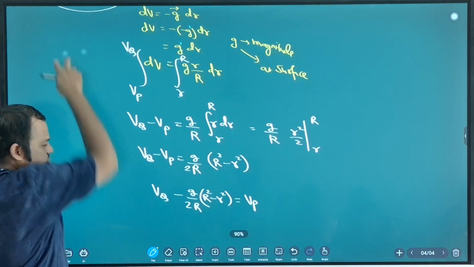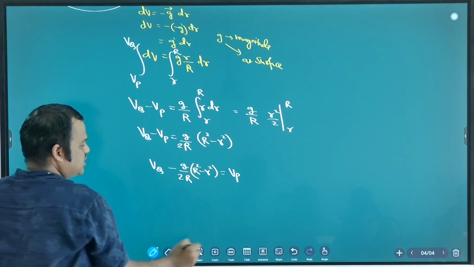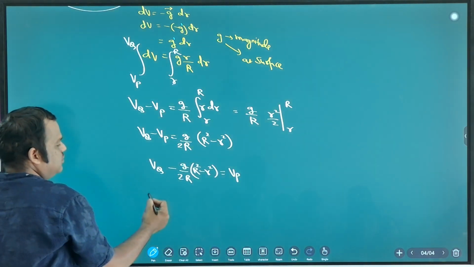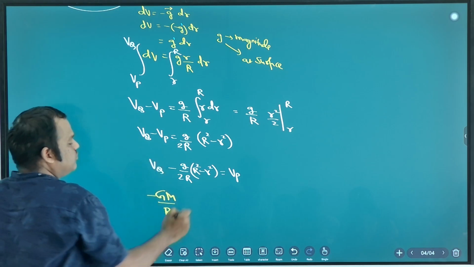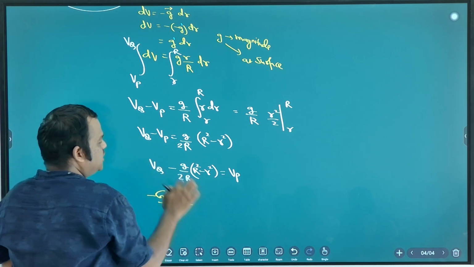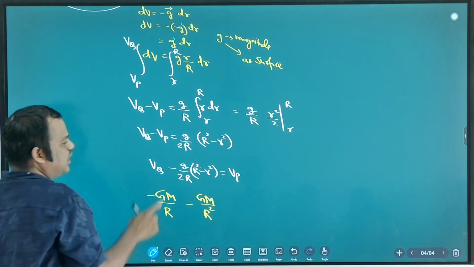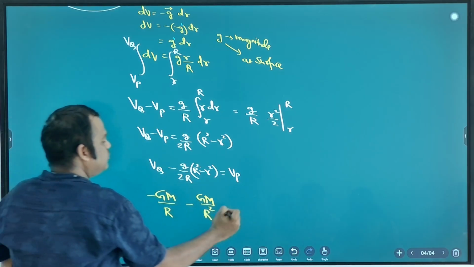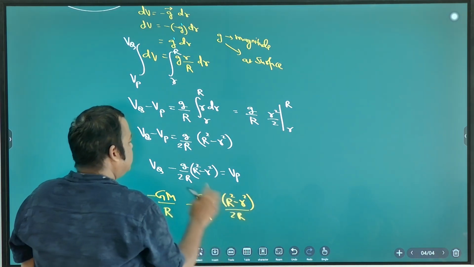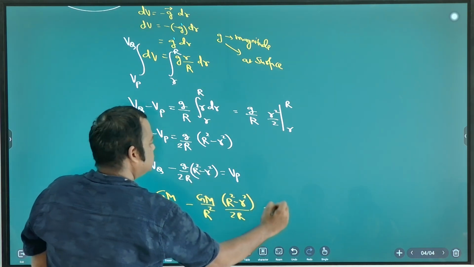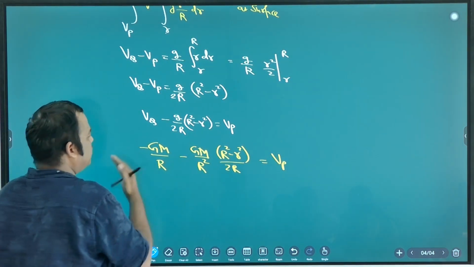The surface, meaning Q, what is the formula? Minus GM by R. And what is the formula for g on the surface? GM by R square. This is small g. Then this is (R square minus r square) by 2R. So now take common. What common can you take?